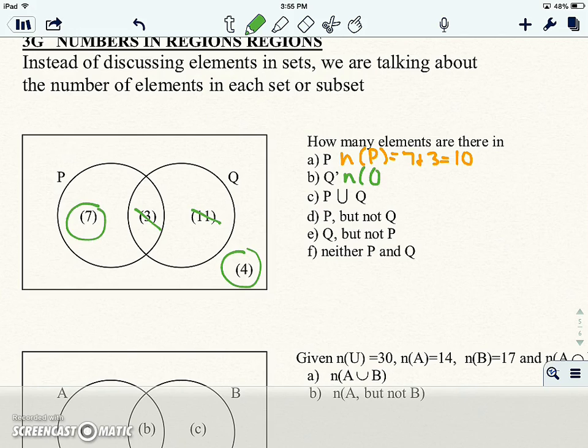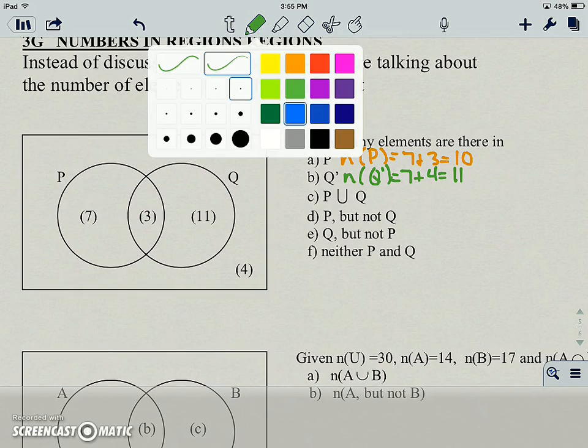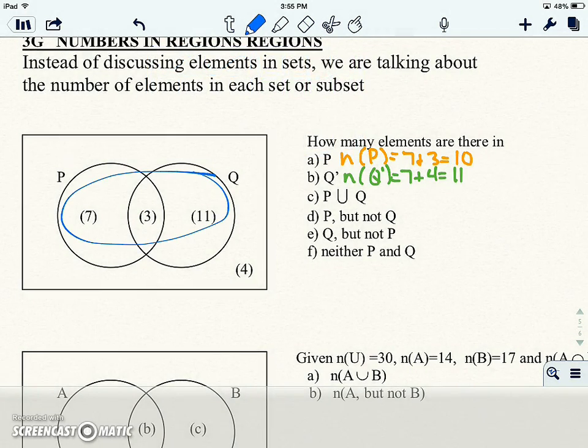So N of Q complement is 7 plus 4, or 11. Okay, how many in P union Q? Well, that would be everything in both of them. So 7 plus 3 is 10, plus 11 more. So the number in P union Q is 10 plus 11, or 21.